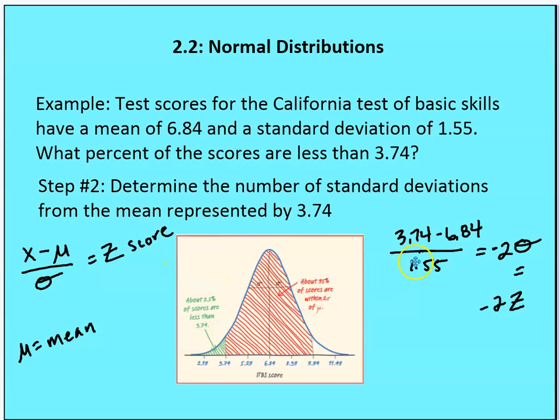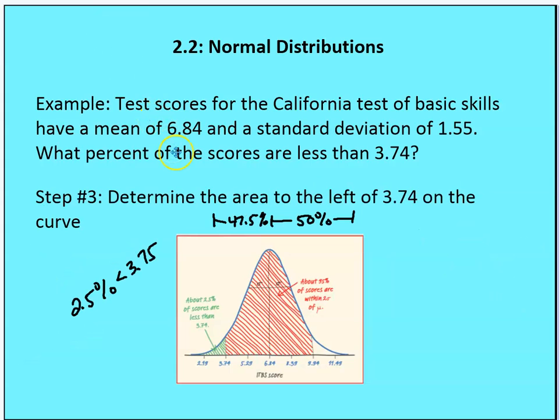If we evaluate that, 3.74 minus 6.84 divided by 1.55 is -2 standard deviations, or my z-score is -2.